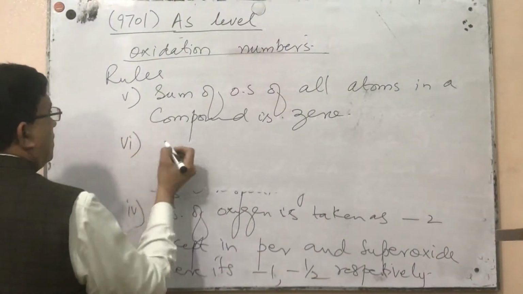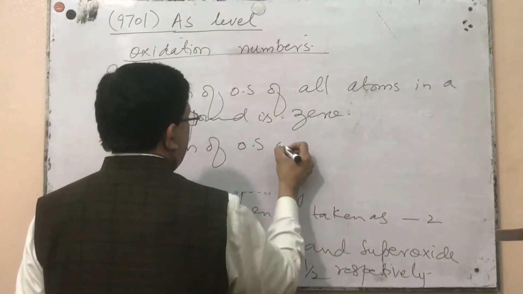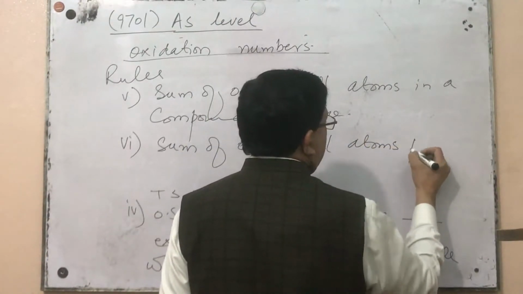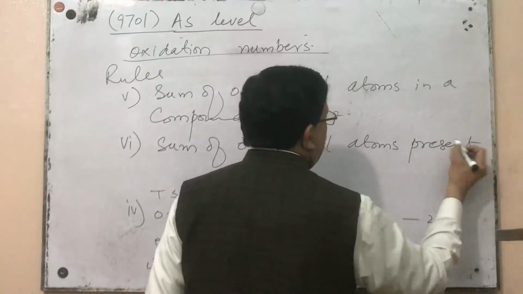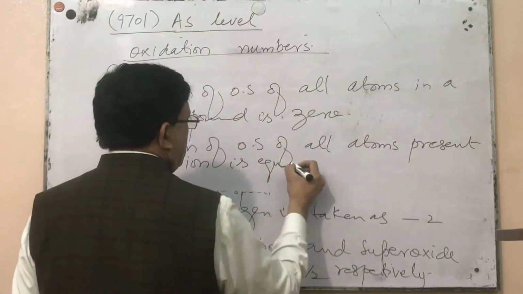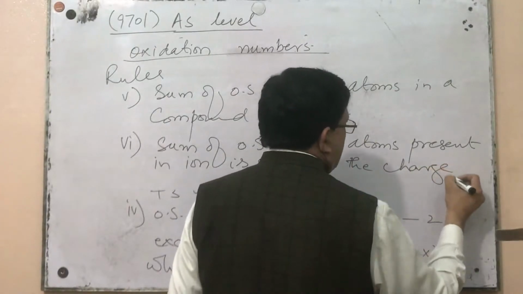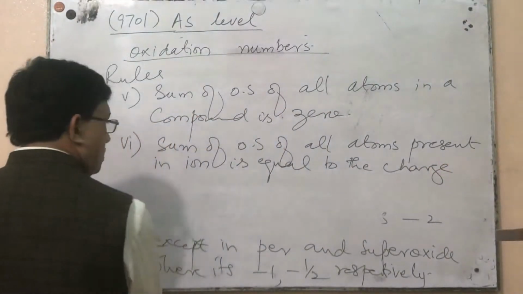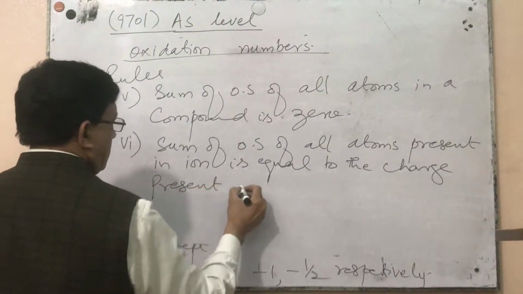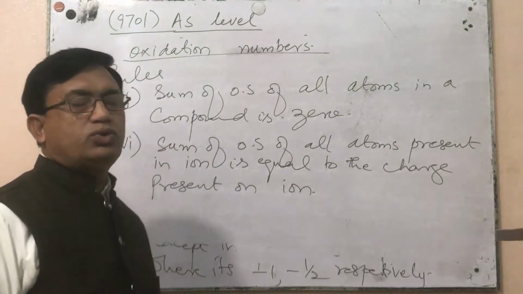Then, the sum of the oxidation states of all atoms present in an ion is equal to the charge present on the ion. These are the basic rules.